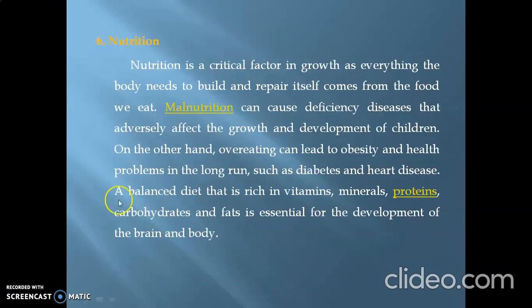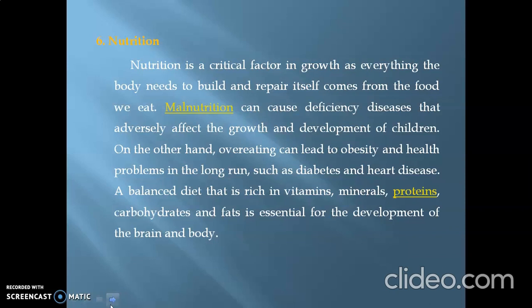Nutrition. Nutrition is a critical factor in growth, as everything the body needs to build and repair itself comes from the food we eat. Malnutrition can cause deficiency diseases that adversely affect the growth and development of children.